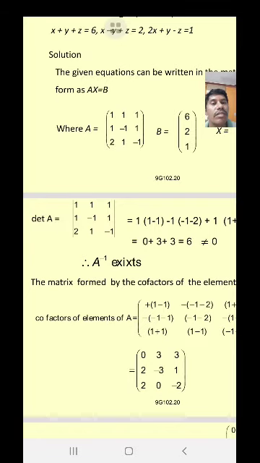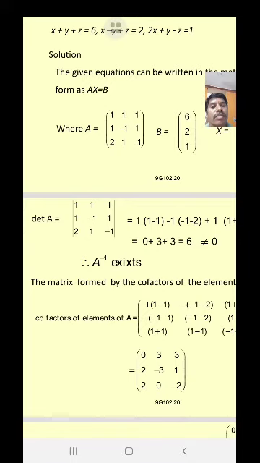The rule is minus 1 whole power i plus j, based on which the plus or minus comes. Or simply we can say the first one is plus, the next element is negative and the next positive, like that we can write.